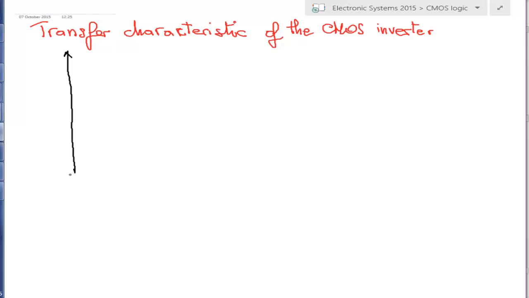Of course, you have already drawn the characteristics. This is V out as a function of V in. Of course, we sweep V in from 0 to VDD, and we have V out from VDD to 0.